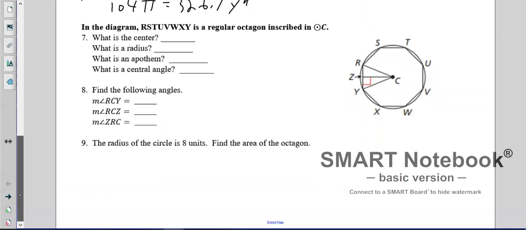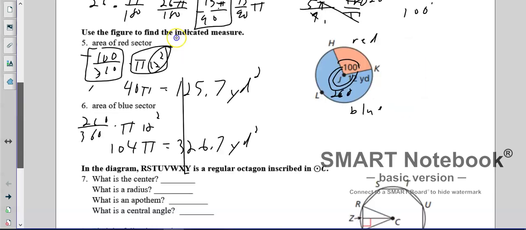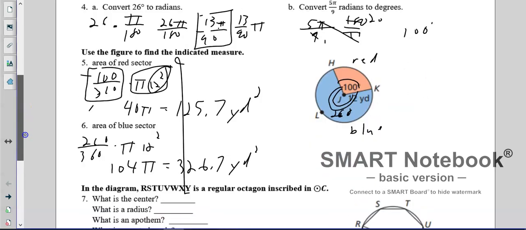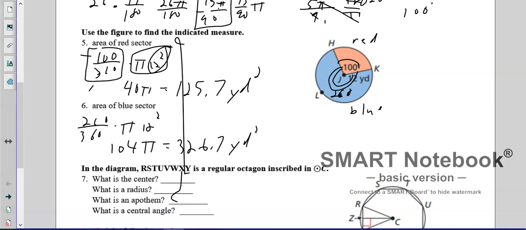All right, in the diagram, RSTUVWXY. Okay? It's a regular octagon inscribed in circle C. What is the center? Well, the center is just a weird line. Let's try that again. Okay, my computer is just possessed right now. Let's try this one more time.